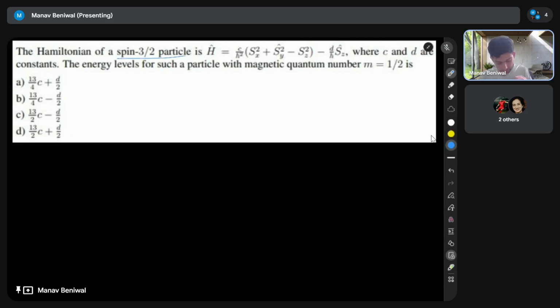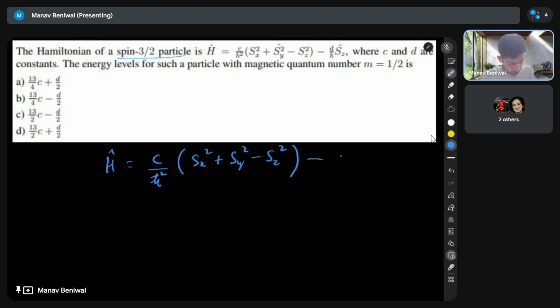Spin is 3 by 2, and the Hamiltonian H is C by h cut squared, S x squared plus S y squared minus S z squared minus d by h cut S z, where C and D are constants. The energy levels for such a particle with magnetic quantum number m is equal to half.